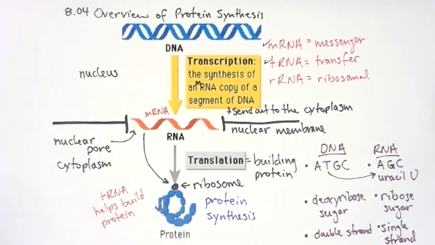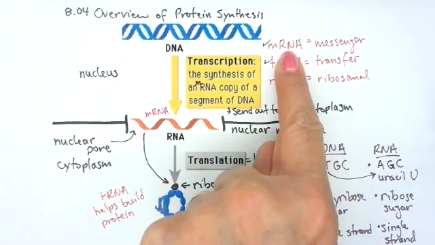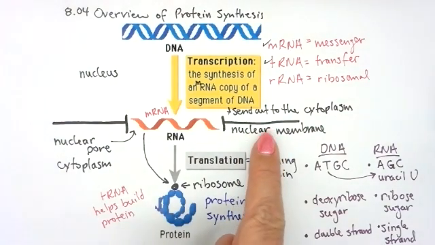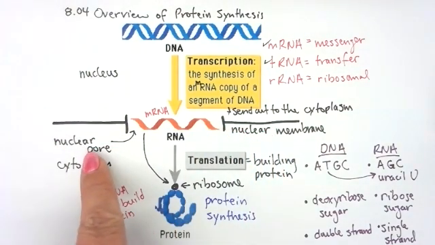So what are our takeaways here? What we wanted to do is introduce the overall process by which we're going to build a protein. And what we said the first step is transcription. We have to get the DNA out of the nucleus. We use messenger RNA and we do a process called transcription. It goes out through the nuclear membrane via a nuclear pore.